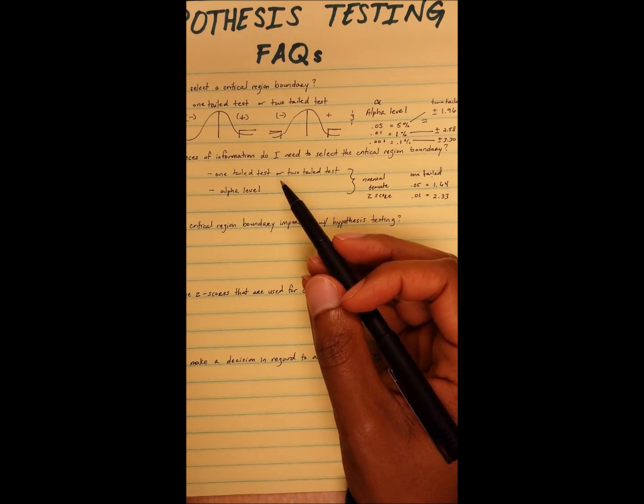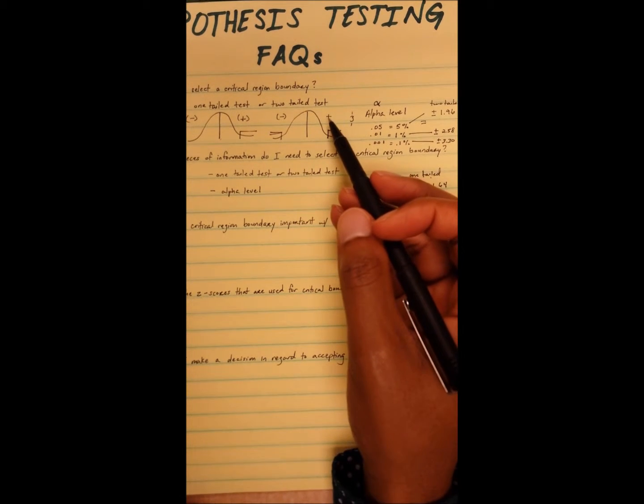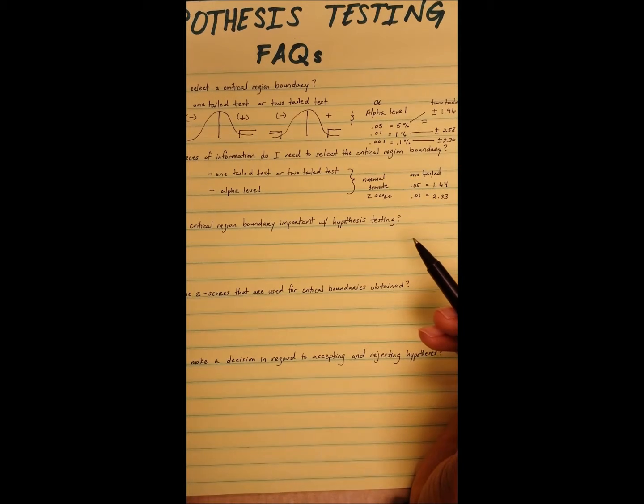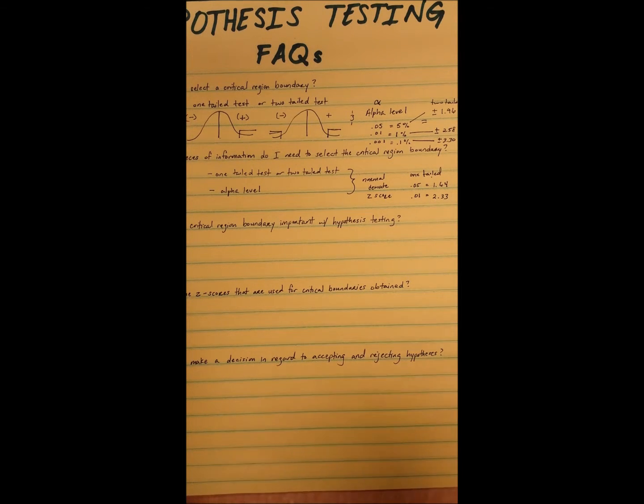You're indicating that your calculated z-score will most likely fall on either the positive end of the distribution or the negative end of the distribution. So these z-scores as critical region boundaries are not necessarily positive and negative. You have to select if it's positive or negative based on what's given to you in your problem.